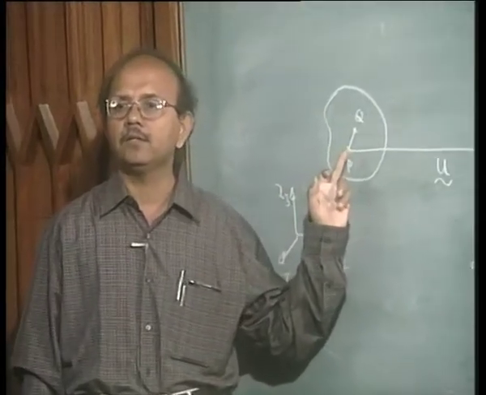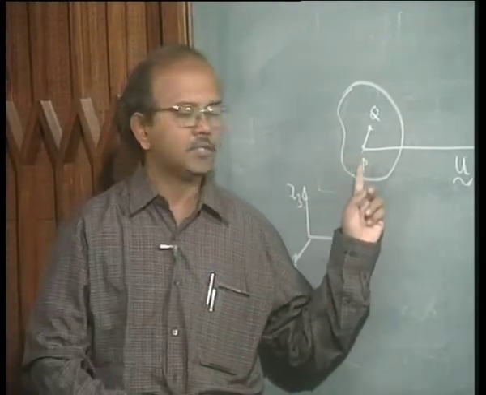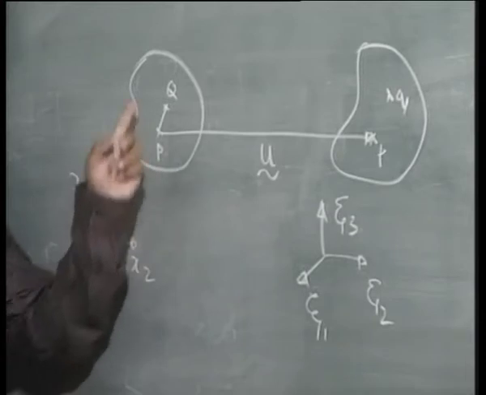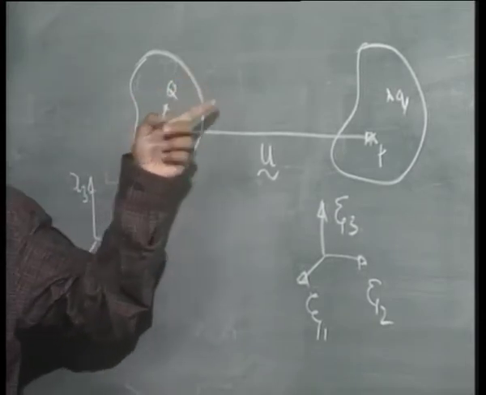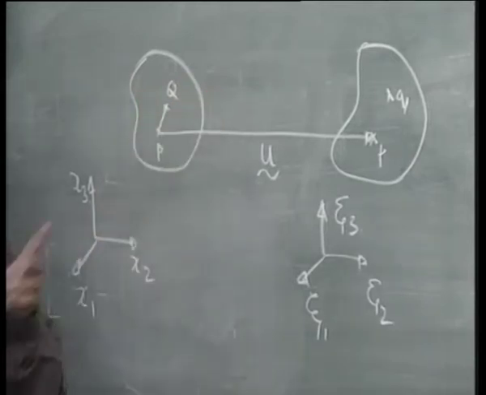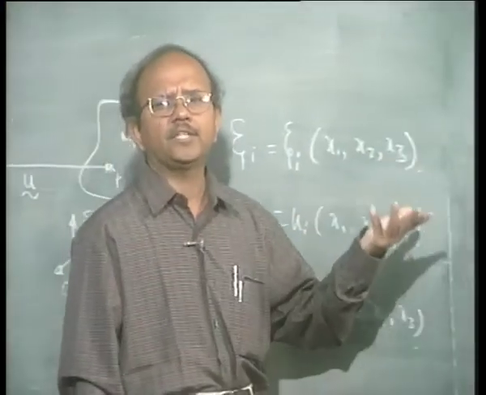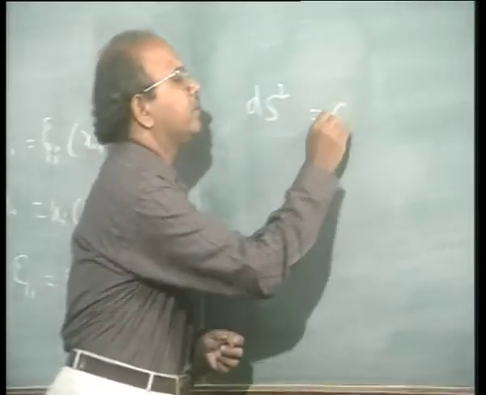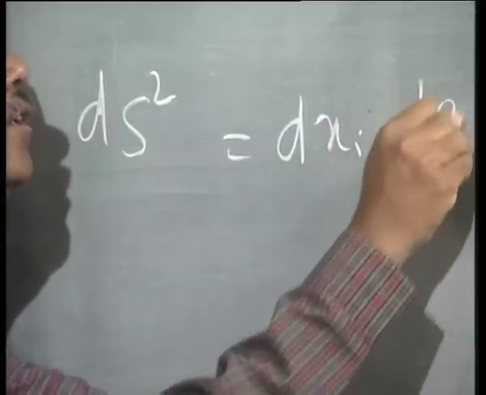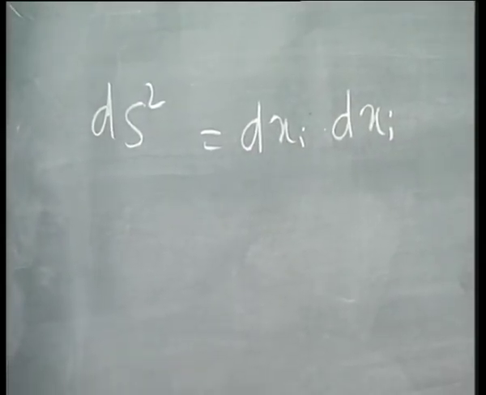Suppose P is equal to x1, x2, x3, Q is equal to x1 plus dx1, x2 plus dx2, x3 plus dx3, because Q is very, very close to P, and hence ds squared is nothing but dx1 squared plus dx2 squared plus dx3 squared. That can be written in our new found symbol as dx i dx i.